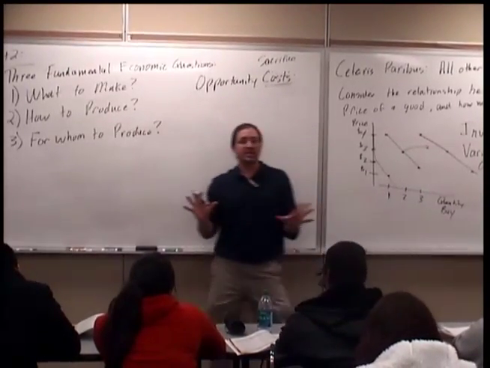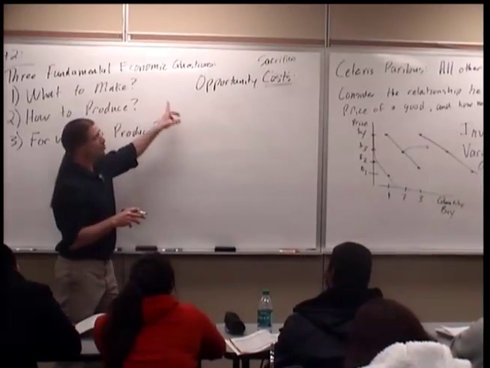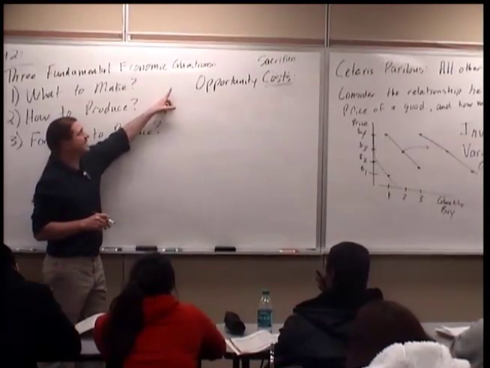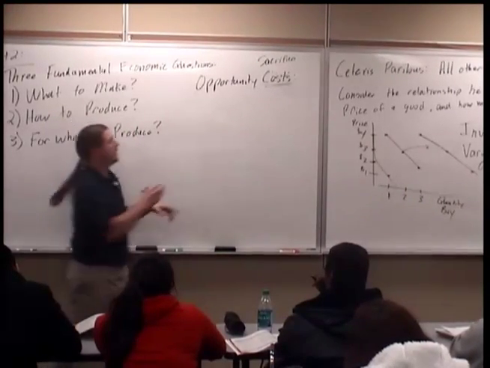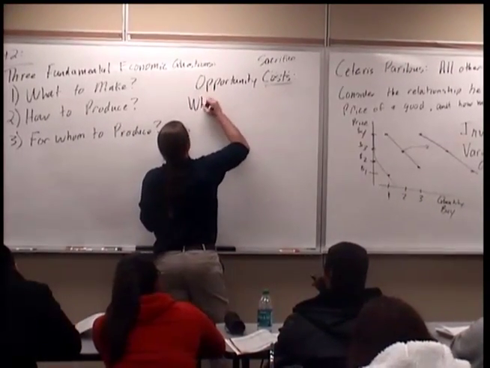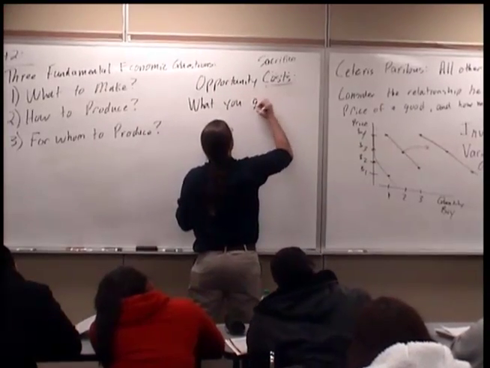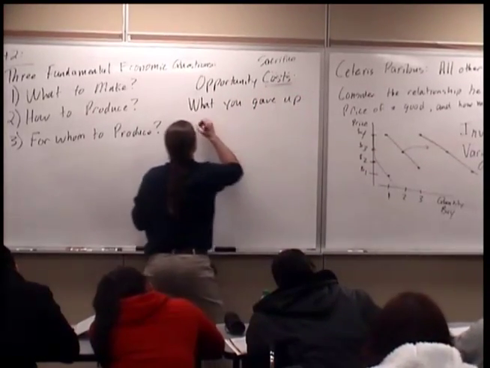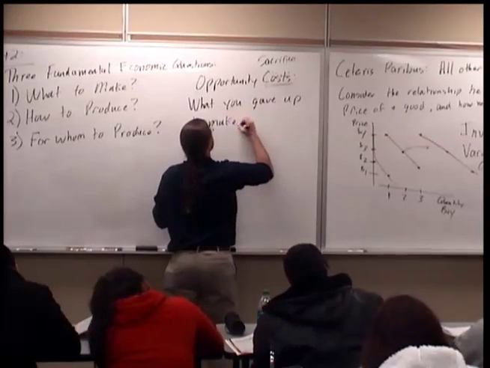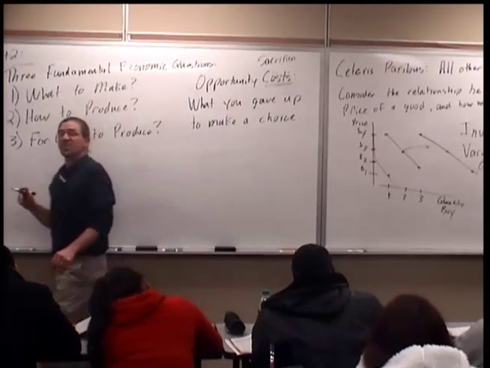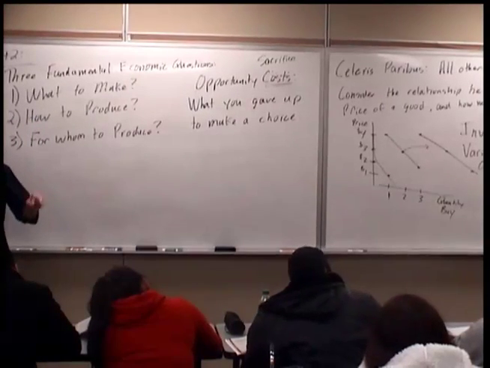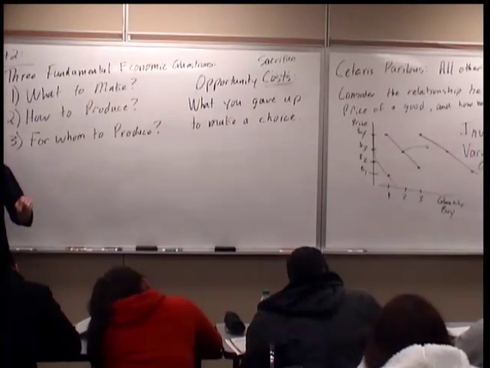Any one of those things that you would have done if you had chosen not to go to class, that's the opportunity cost of coming to class, right? So opportunity cost is what you gave up to make a choice. And it's assigned to every choice you make.